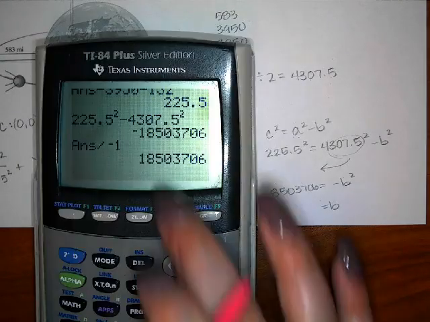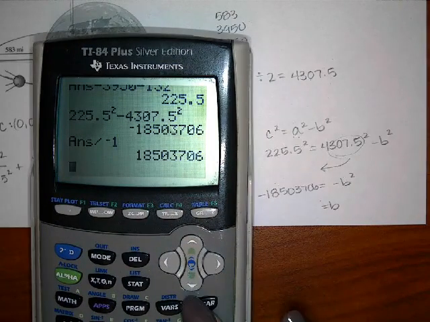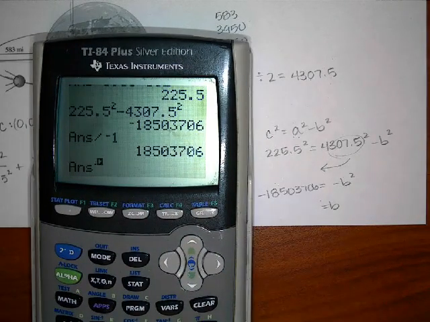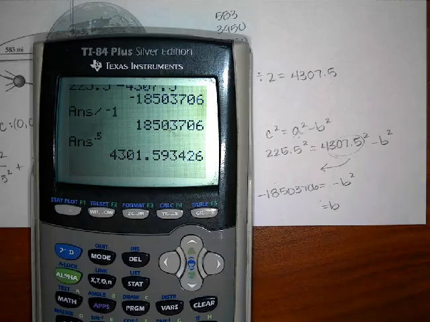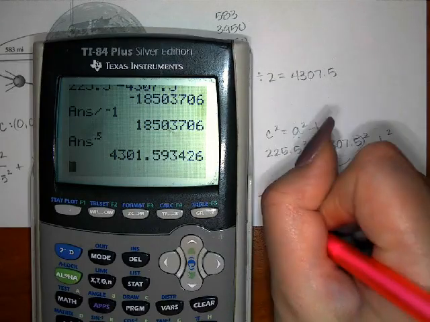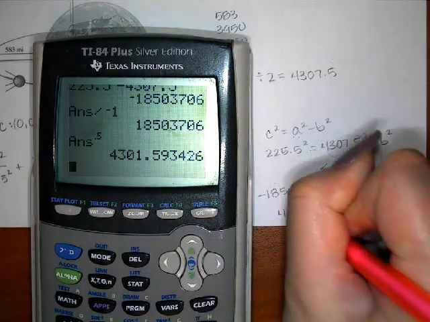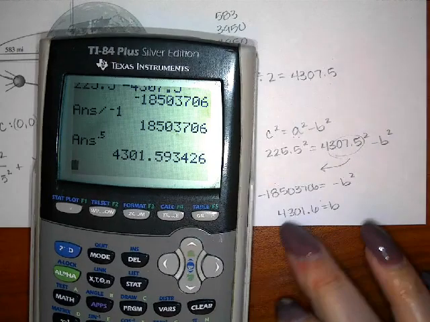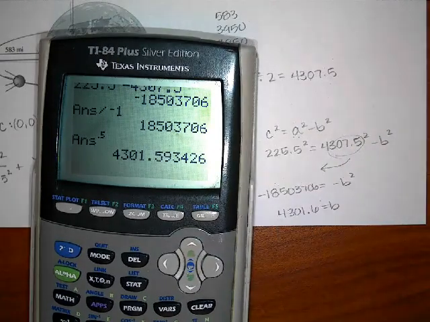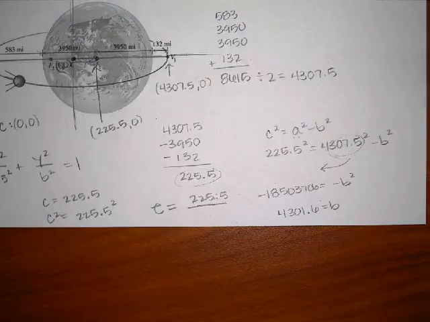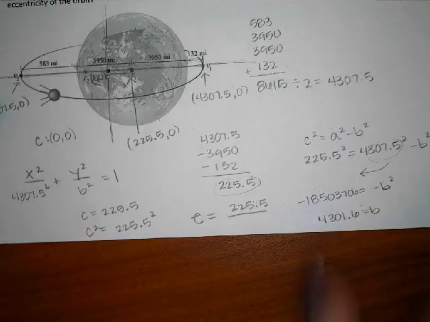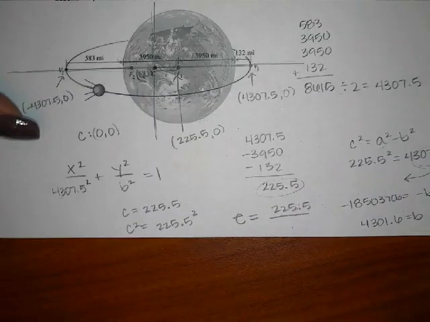Okay, 4,301.6. I'm just going to round it to 1 decimal place because this isn't my final answer. I'm just using it for comparison's sake. So if I put this in my equation, 4,301.6, this is smaller.